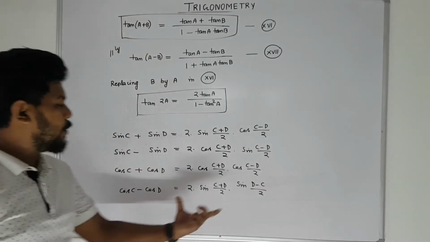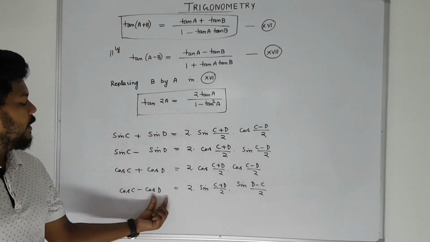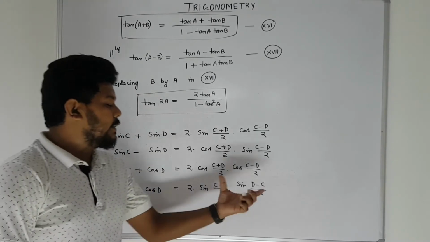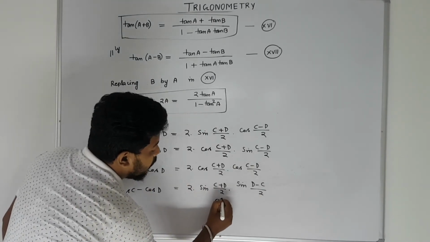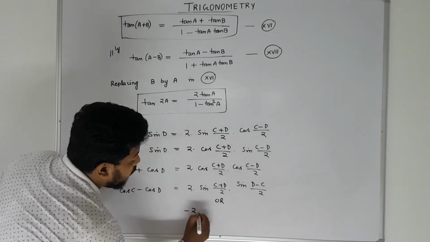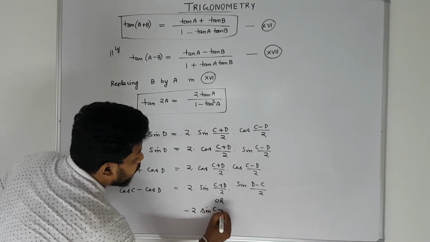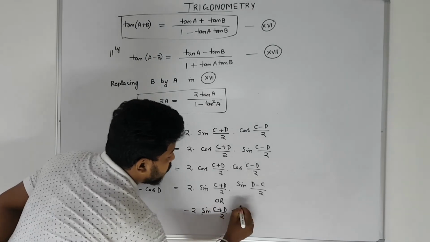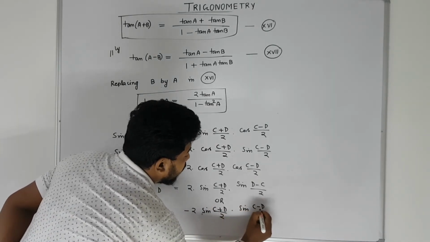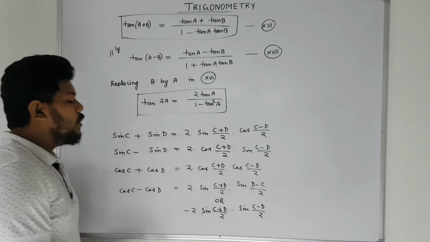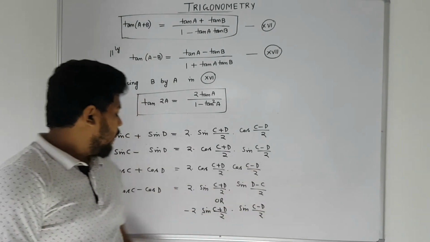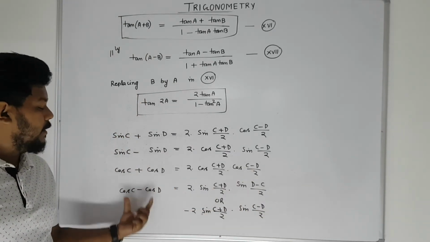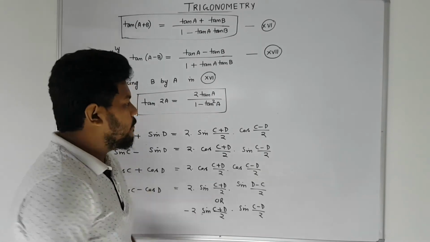We use this when the value of D is larger than C, or else you can use minus twice sin (C plus D) by 2 into sin (C minus D) by 2. In such cases where the value of C is larger than D, we use this formula.